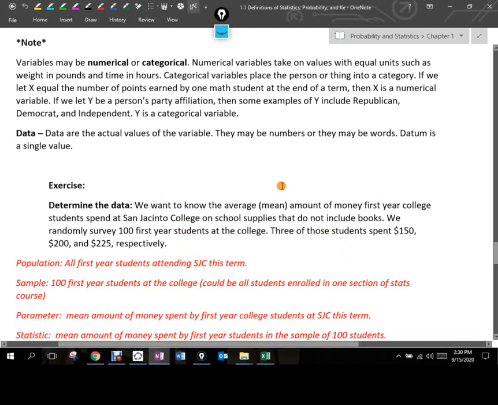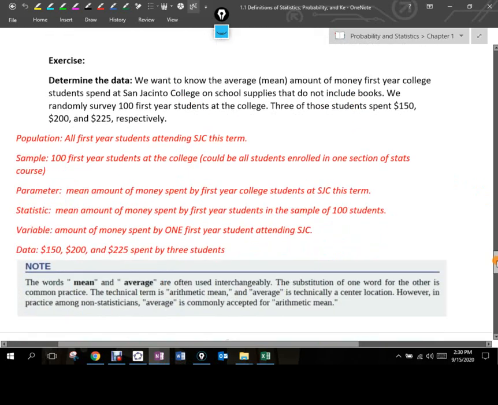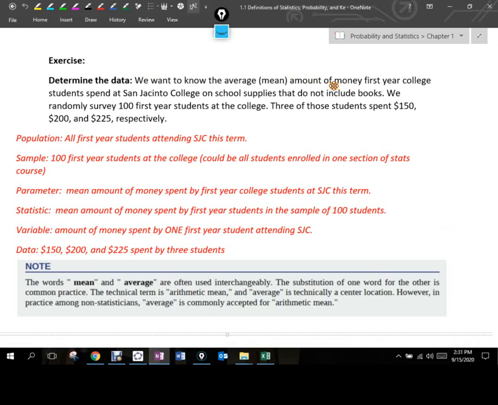So if we read this example that we've already talked about, we decided the other day that our population is all first-year students at this college. We said our sample was the 100 that they were going to survey. We said that the parameter was the average amount of money spent by first-year college students. And remember that the parameter has to be the same measure that the statistic is.